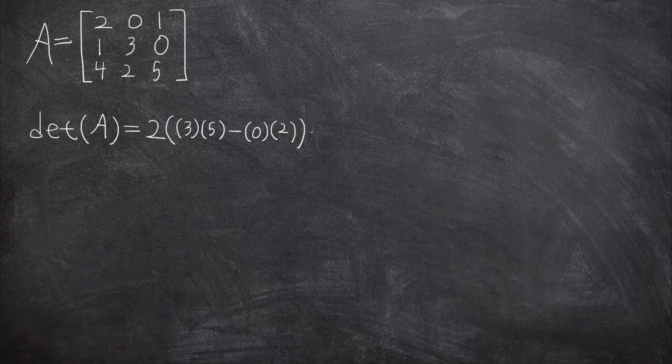Okay, now the next number we focus on, 0. We cross it out, focus on the numbers that aren't crossed out, so 1, 0, 4, and 5. It would be 1 times 5 minus 0 times 4.